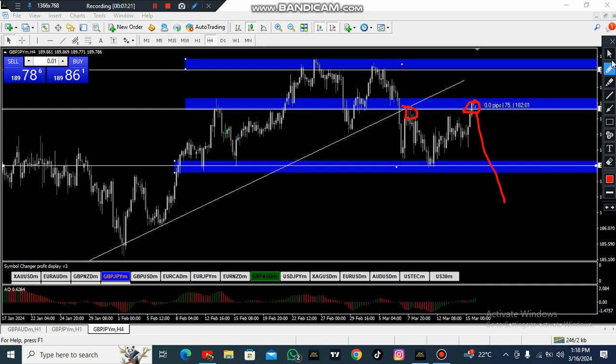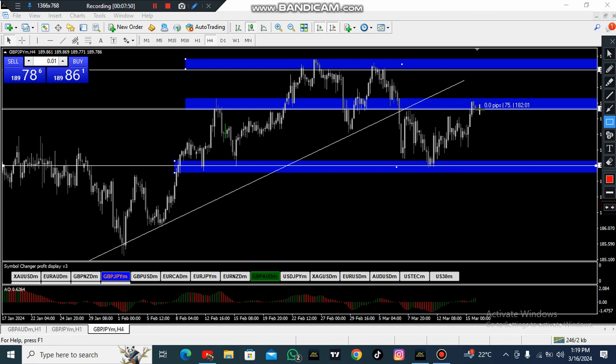The market will be going down, but before we can make that decision, we need to look for two candles. One, we can either look for a pin bar like this, or we look for an engulfing candle like this. So it will appear here.